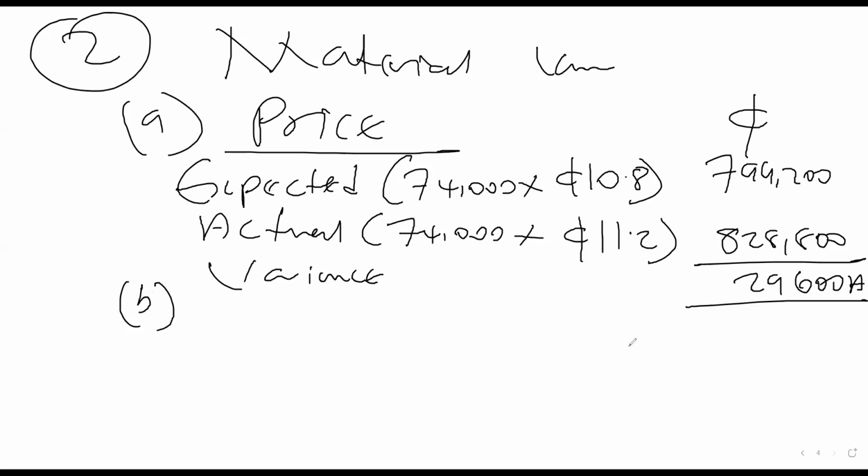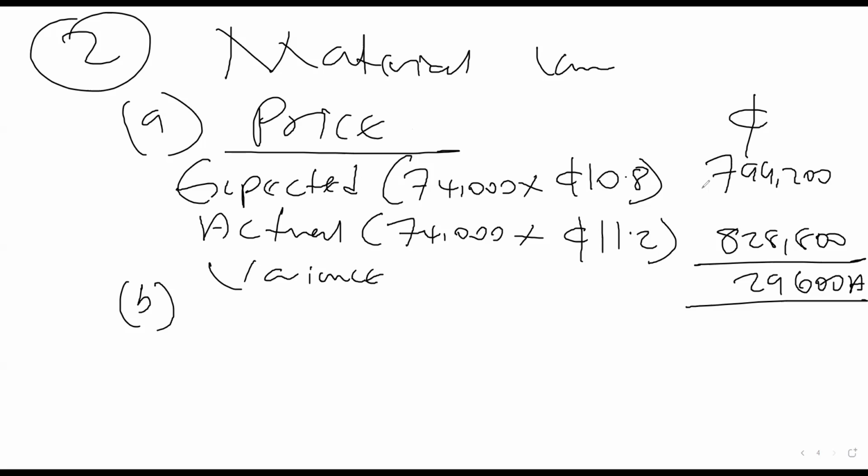Okay, here this is a cost. It's not necessary that all positives are adverse or all positives are favorable. No, we don't go by that. What we go by is to check what we are calculating. This is a material price variance, so it's about the price.